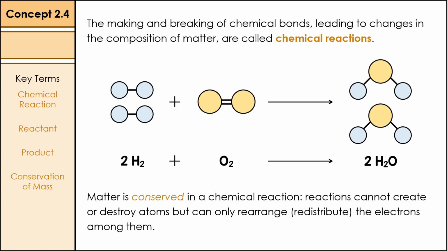Now, what's important to note here is that matter is conserved. We do not lose any atoms. We do not create any atoms. This comes back to the conservation of matter: nothing can be created or destroyed, only rearranged and redistributed.